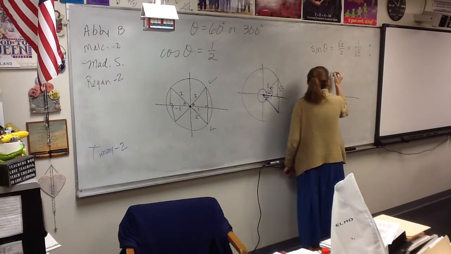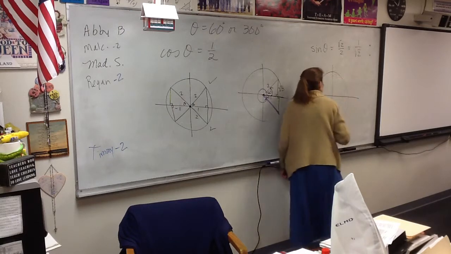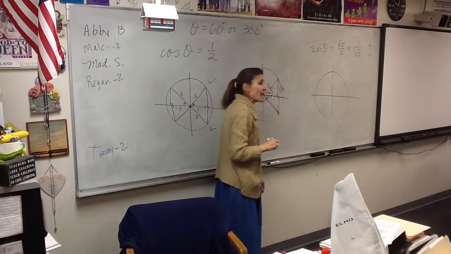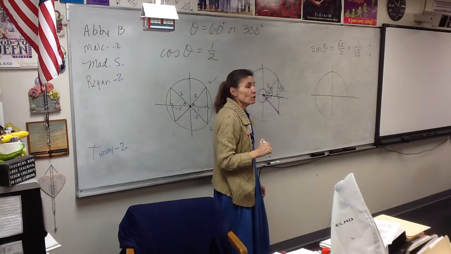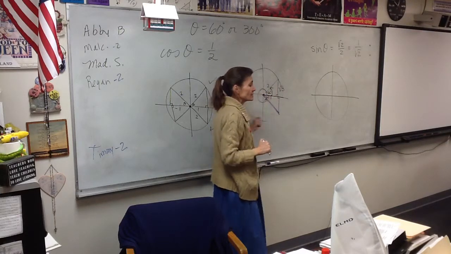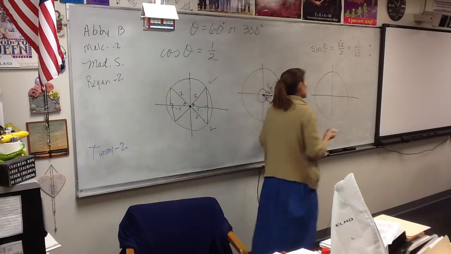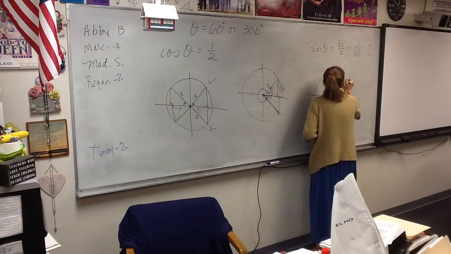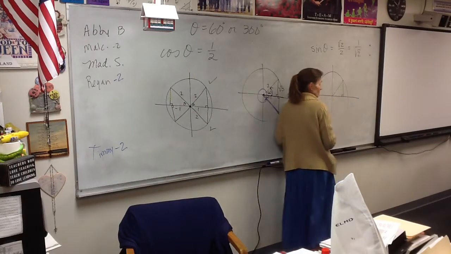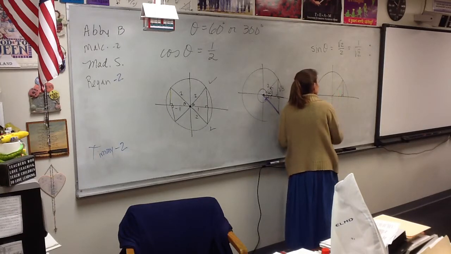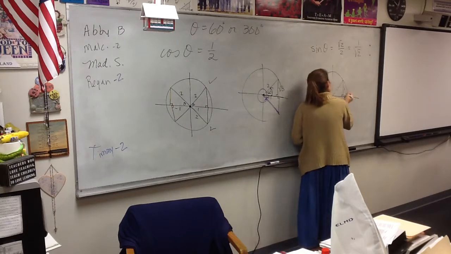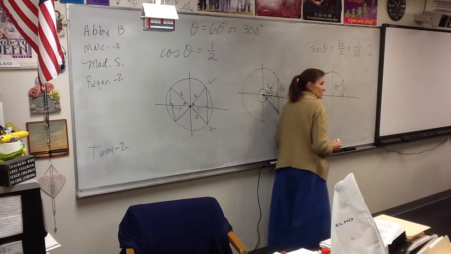So when I draw a picture of this, I have to figure out which quadrants I'm going to have answers in. So I'm going to start in quadrant 1 again. Is it possible to have a triangle where the opposite side is 1 and the hypotenuse is root 2?